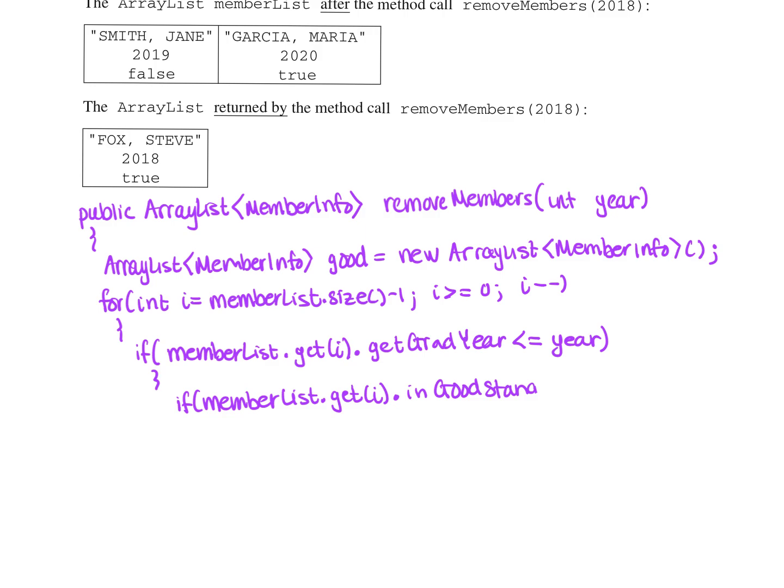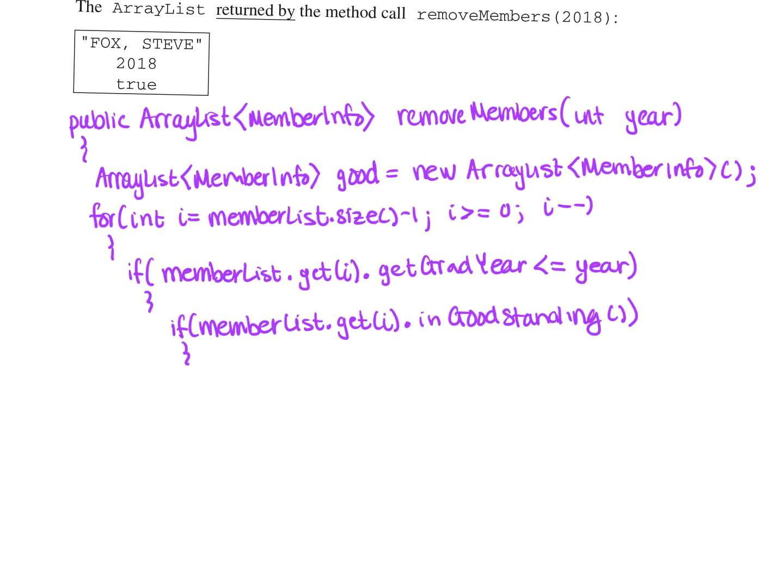So if they're in good standing, the first thing we're going to do is add them to the new list, which was called good. So you would say good.add, and we're adding memberList.get(i).